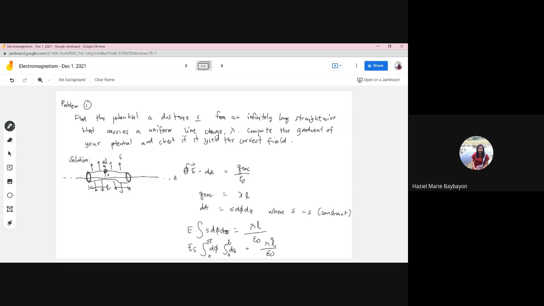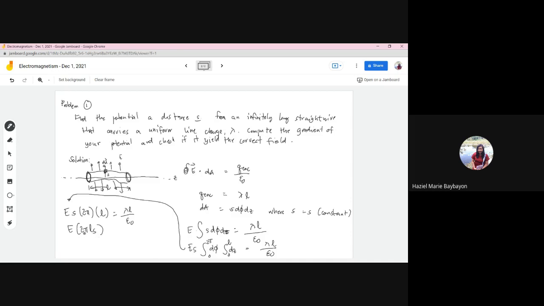So here, E times S multiplied by 2 pi. And then here we have L minus 0, so that is L, equals lambda L over epsilon naught. So we have E multiplied by 2 pi LS.